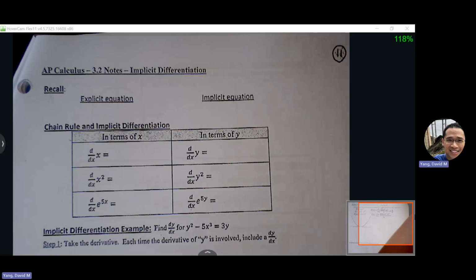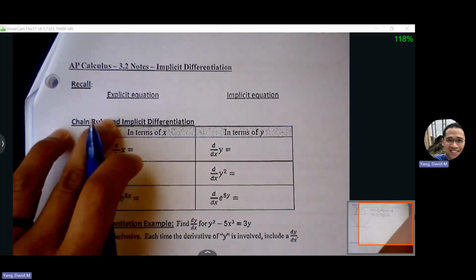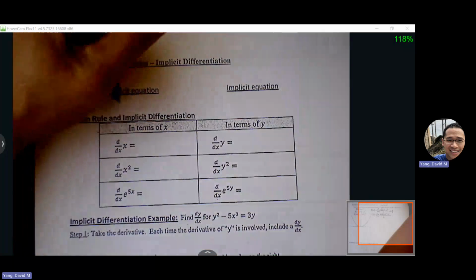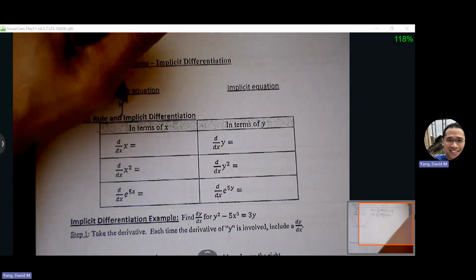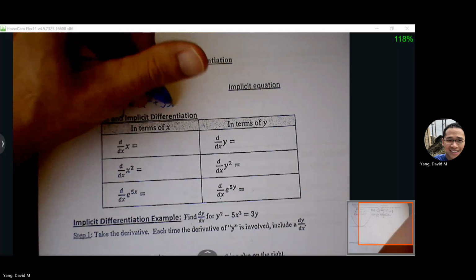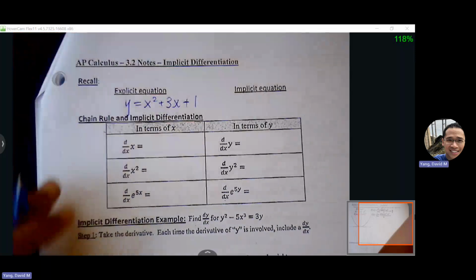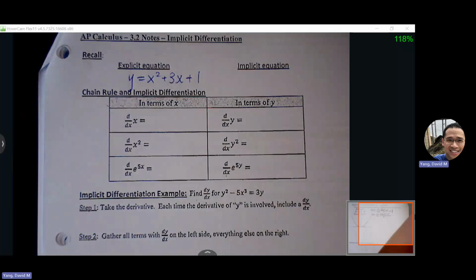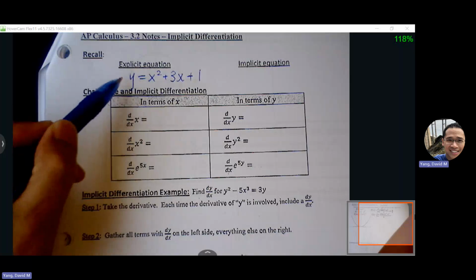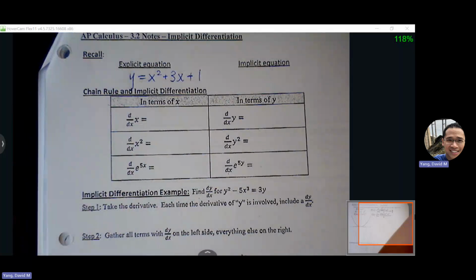Okay, so we have something called an explicit equation. An explicit equation is where your y is solely by itself, and all your x terms are separated. Your y's and x's are not mixed with each other. Basically, everything that we've done so far has been functions. Y is just by itself, and it's just to the first power.